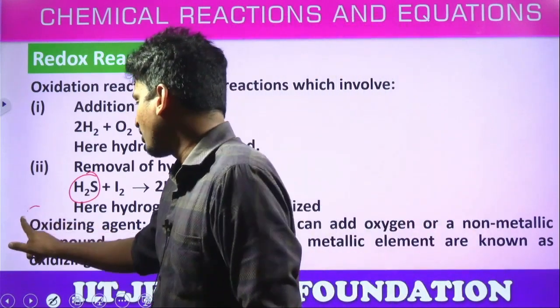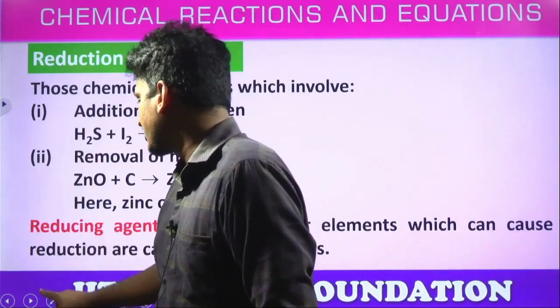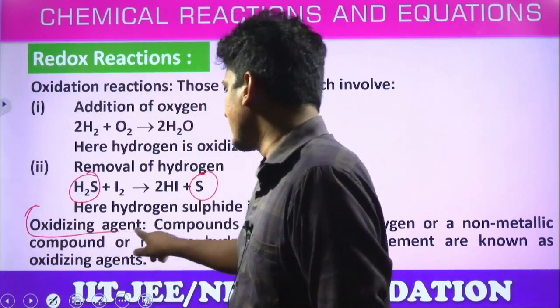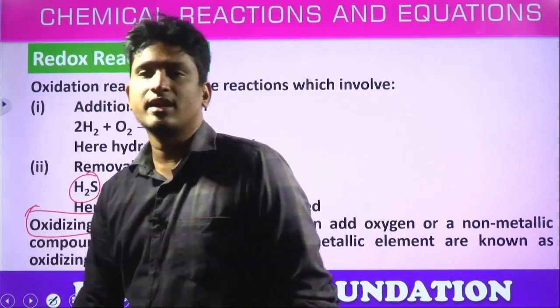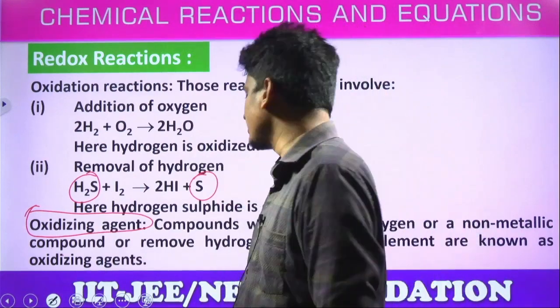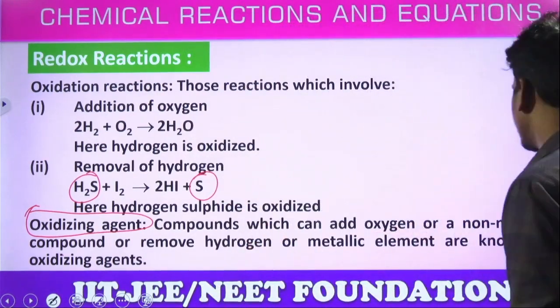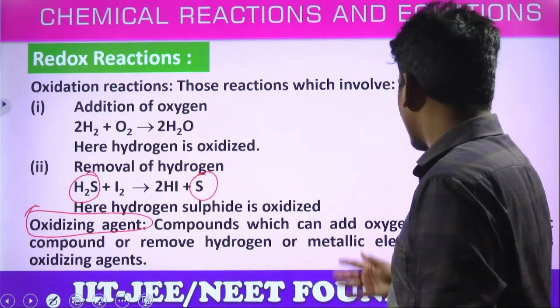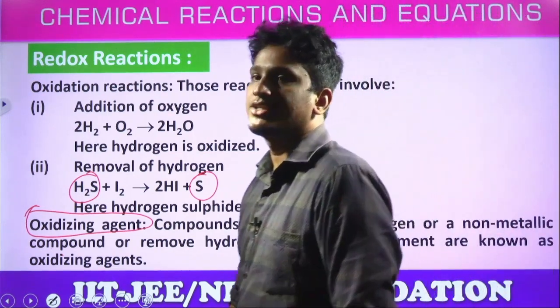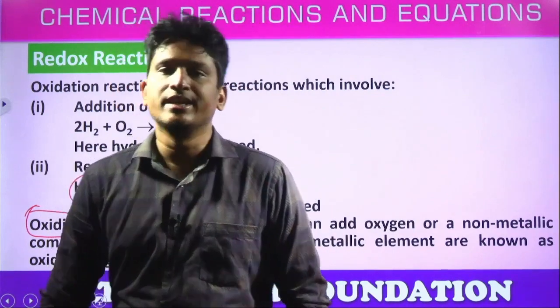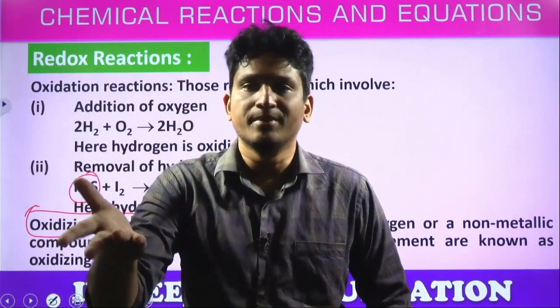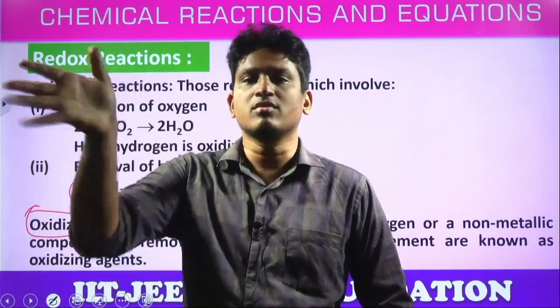Here one main point is oxidizing agents, students. What are these? Oxidizing agents. Very important. Many students will confuse between oxidation and oxidizing agents. Compounds which can add oxygen or a non-metallic element or remove hydrogen or a metallic element are known as oxidizing agents. Simply, oxidizing agents means they make other elements or compounds undergo oxidation.